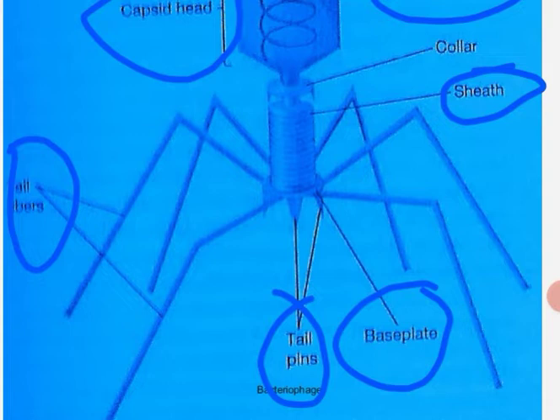All 7 of these phages are composed of DNA and protein, which are present in more or less equal amounts.